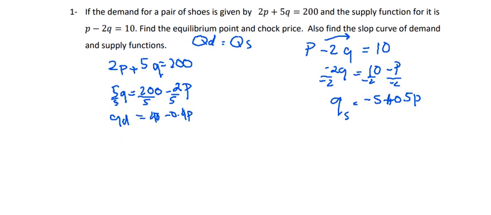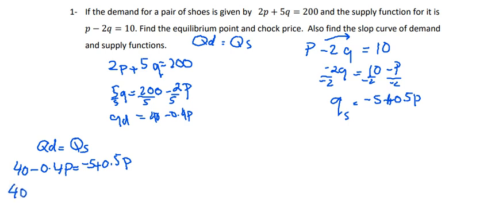Now we have to find QD equal to QS to get the equilibrium point. I have QD, 40 minus 0.4P, equal to minus 5 plus 0.5P. Take it to the other side: we take the price with the price and the numbers with the numbers.